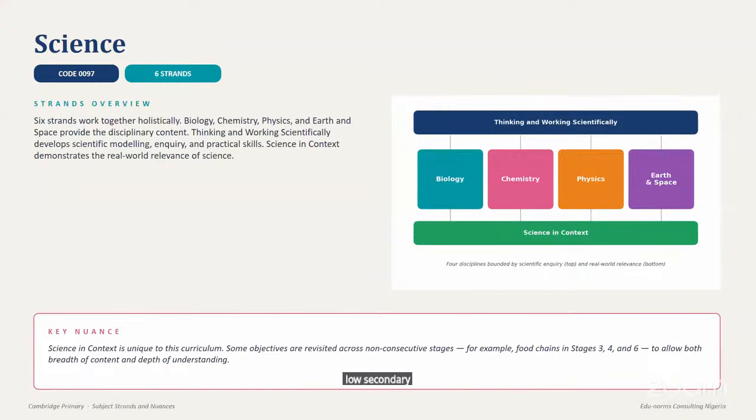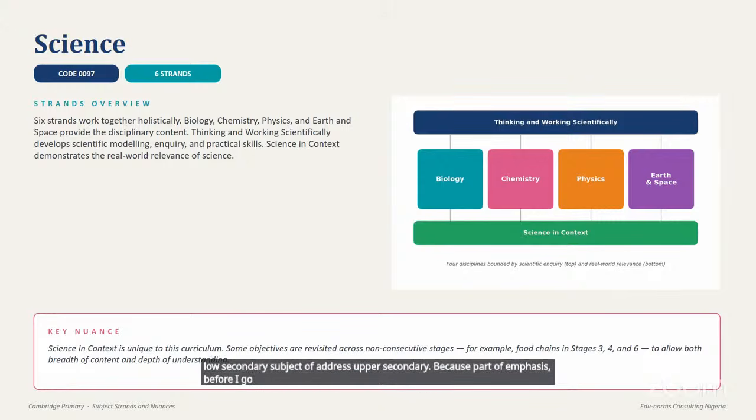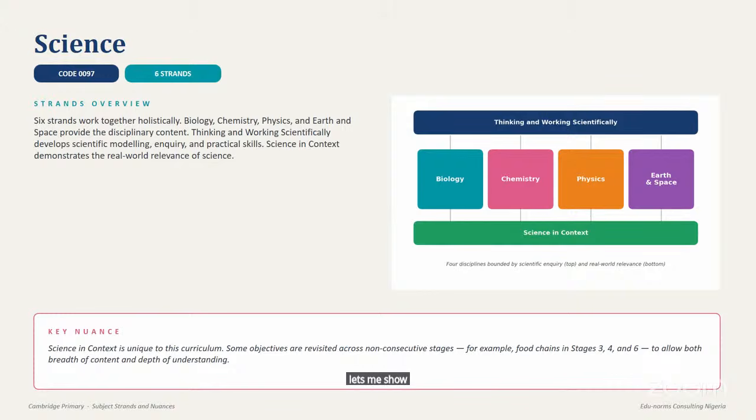I've addressed upper secondary. But as a matter of emphasis, before I go to why strand system, let me show us. I've already shown us the number of subjects within the Checkpoint framework.